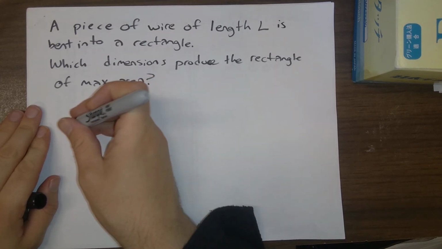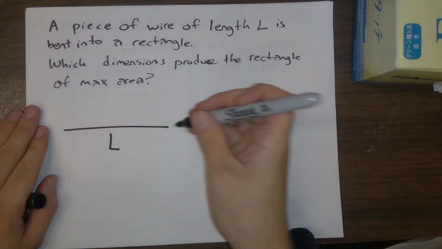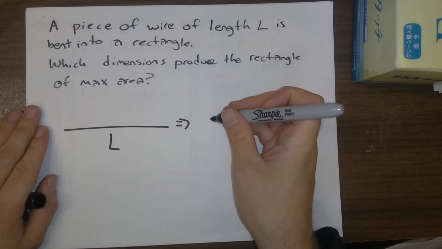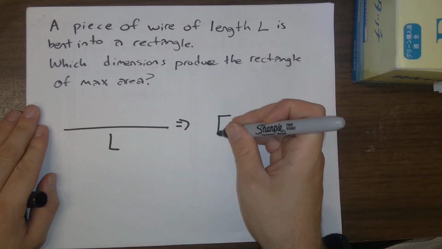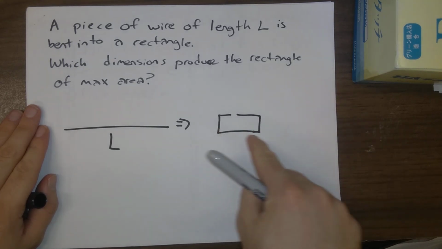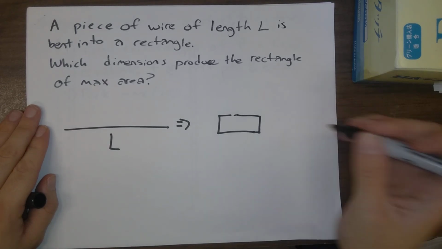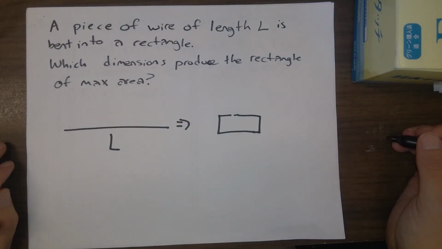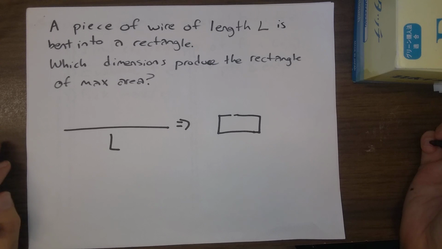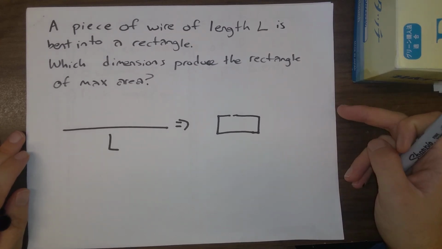So the idea here is that we have this piece of wire of length L, and we are going to bend it, and so the total length there is L, and we're going to bend it into a rectangle, and our goal is we want to try to make the area as big as possible. So that's our goal.